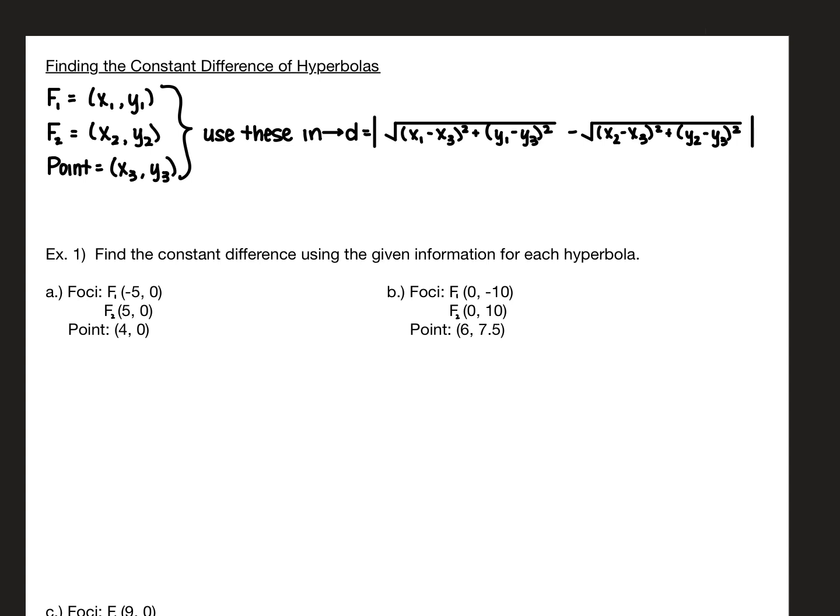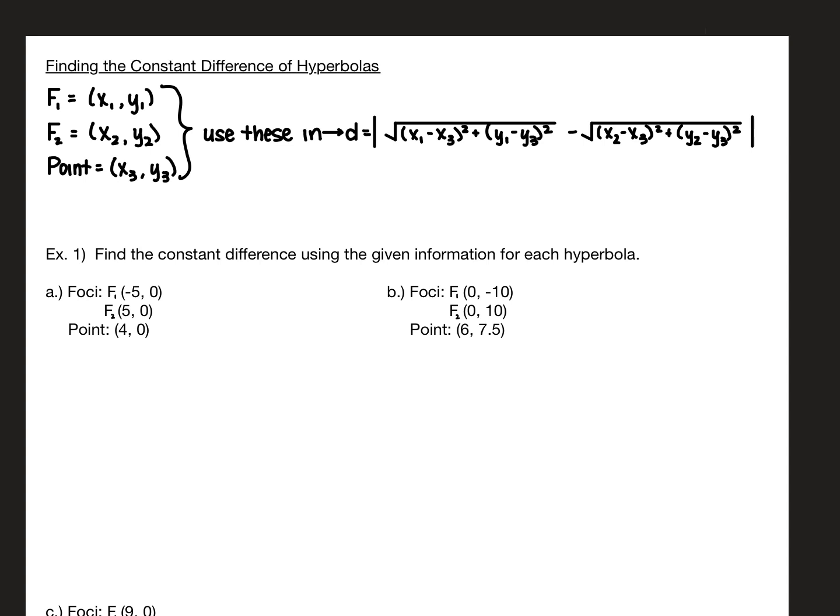So your constant difference, or D, is the absolute value of the square root of x1 minus x3 squared plus y1 minus y3 squared, minus the square root of x2 minus x3 squared plus y2 minus y3 squared. So you need a first and a second focus point as well as another point on the hyperbola.